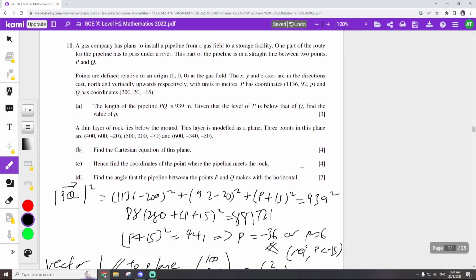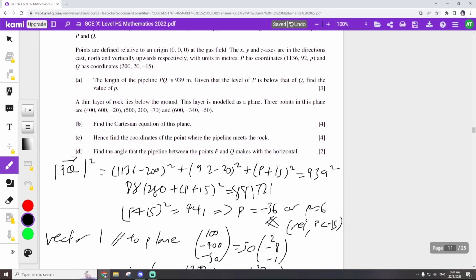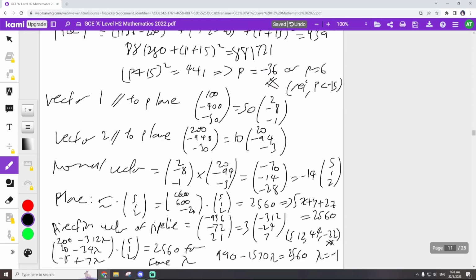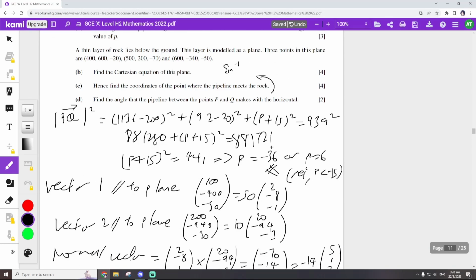Finally, find the angle of the pipeline between the points P and Q makes to the horizontal. So when you're doing line and plane, it is sine. So this is just sine inverse. Okay, so you need the direction vector of the PQ, which is 312, 24, 7.